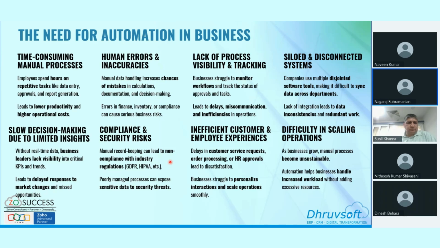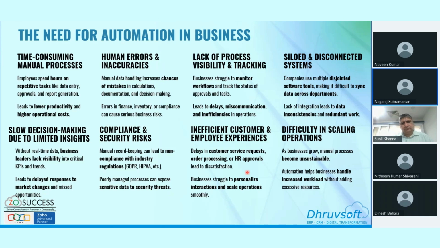Then we have the compliance and security risks. Manual record keeping can lead to non-compliance with security standards, such as HIPAA, GDPR compliance, and so on. Also, they can poorly manage the process and expose sensitive data to security threats.